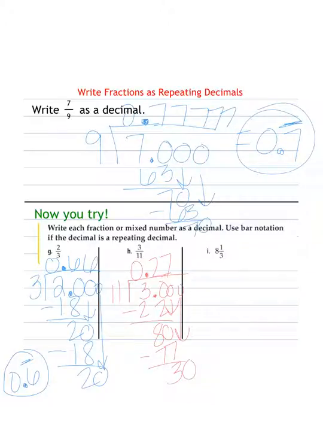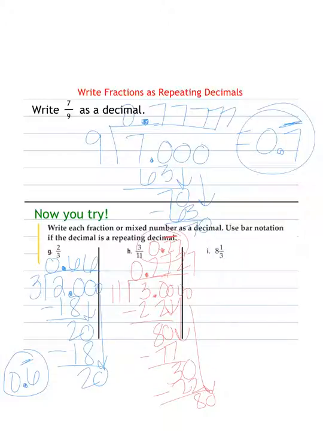Bring down my 0. 11 can go into 30 2 times. 2 times 11 is 22. 8, and then we add a 0. So now we can see it's going to start repeating. So then I would write this as 0.27 repeating because the 2 and the 7 repeat.